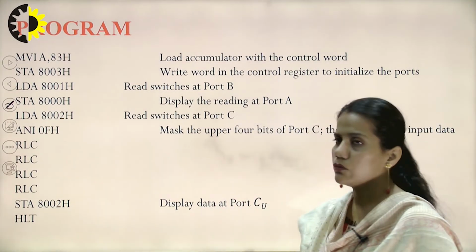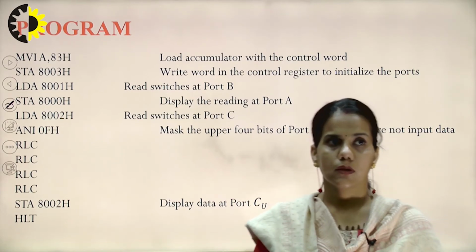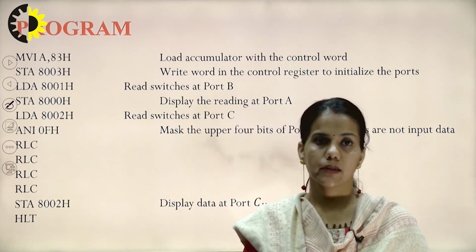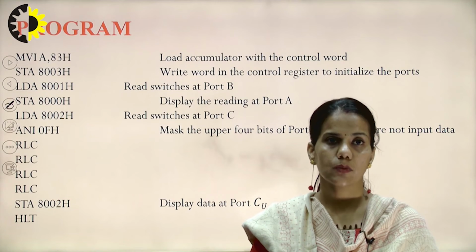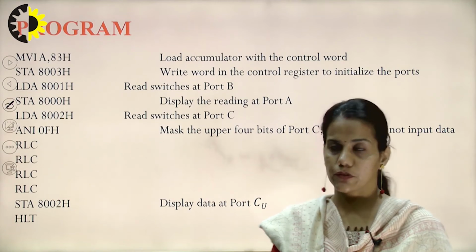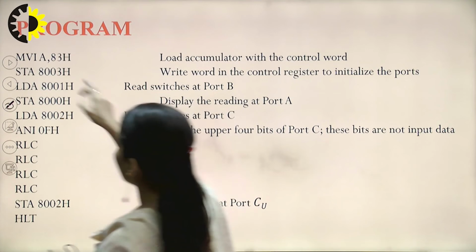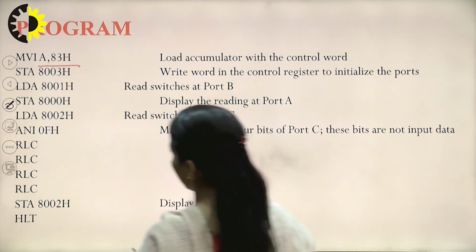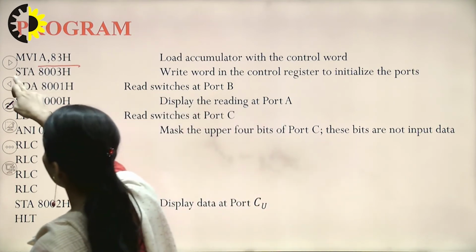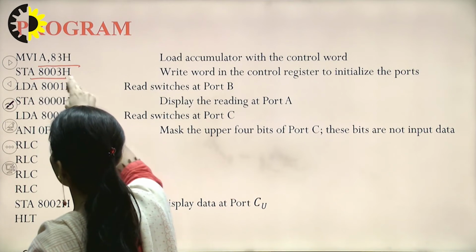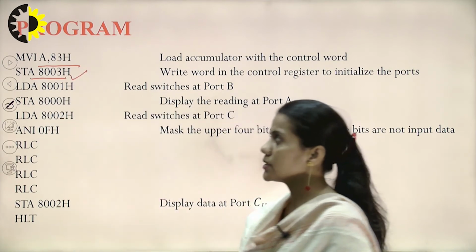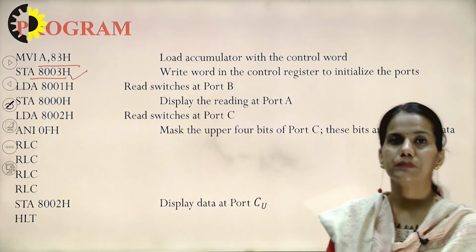First of all, whatever we want to store at the output port, it has to be stored in the accumulator first. So now we transfer the control word in the accumulator. From the accumulator we can store at the port address using STA 8003H.